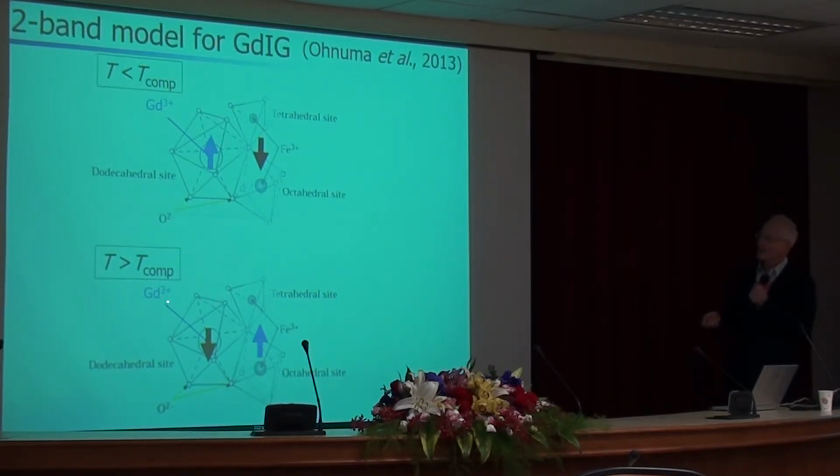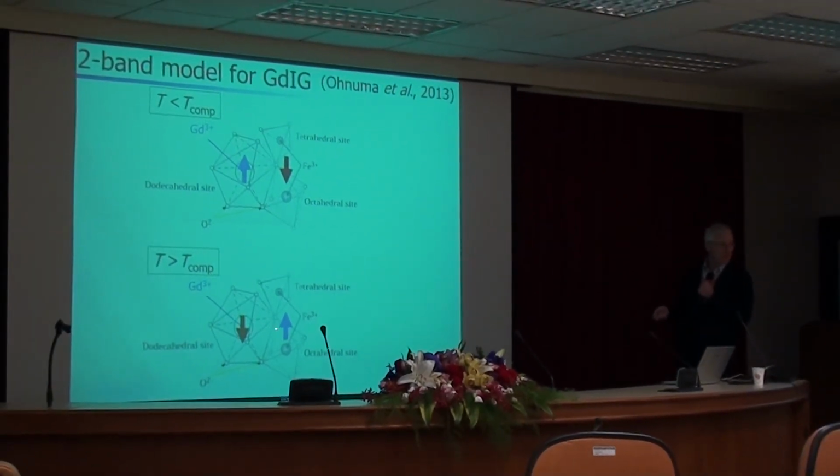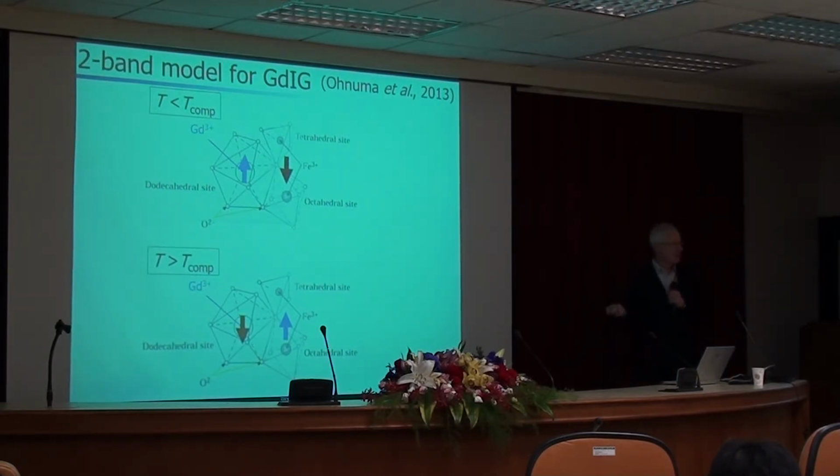Now, at the compensation point, we know that the whole thing flips, right? What pumps positive, say, on the high temperature side, will pump negative on the low temperature side, because the compensation completely flips. So this actually explains quite simply the first sign change.